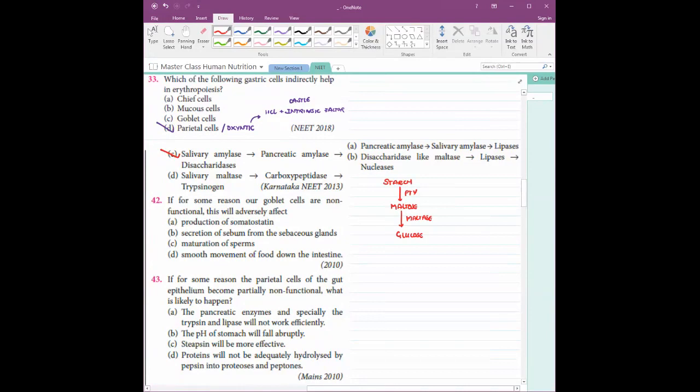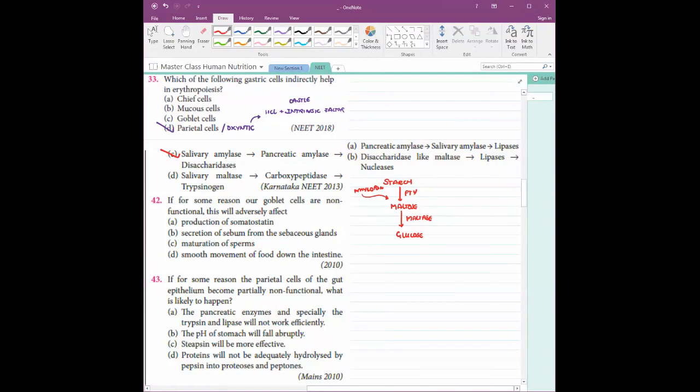It is also going to be your pancreatic amylase that is going to work. But this is one path. If you're talking about the pancreatic amylase, then from the pancreas, amylopsin will also come into play. So this is how it is going to be.